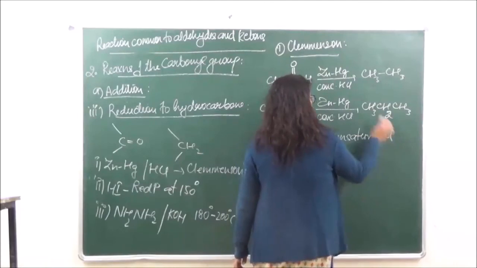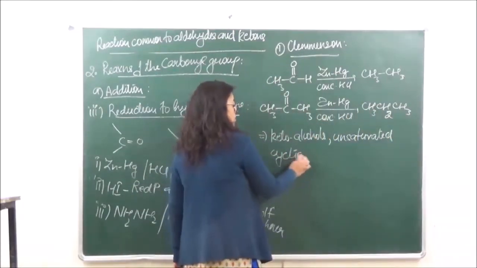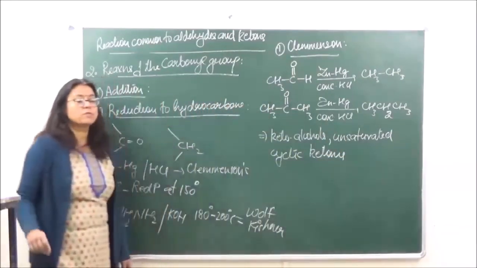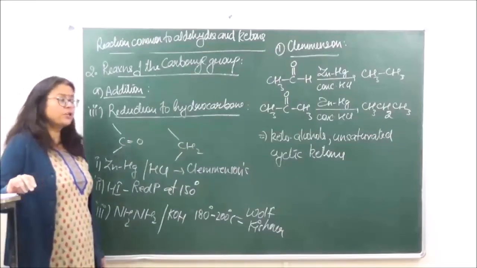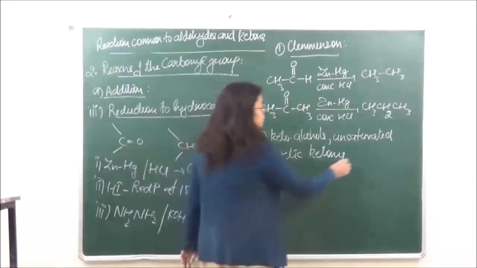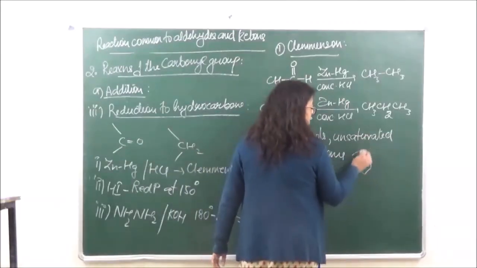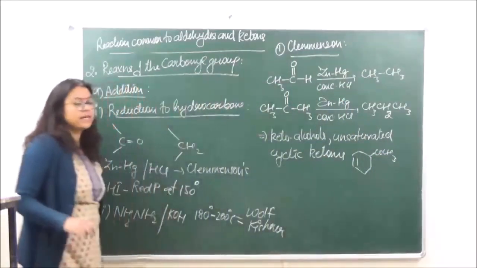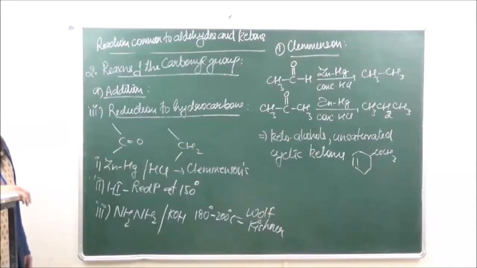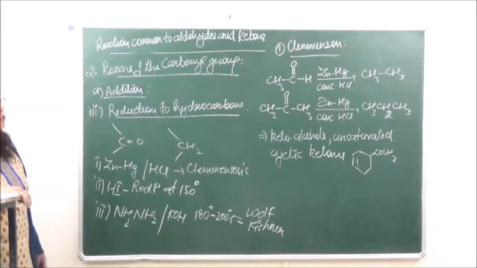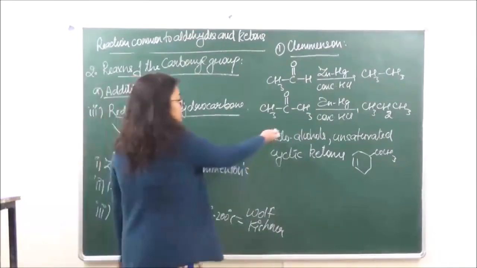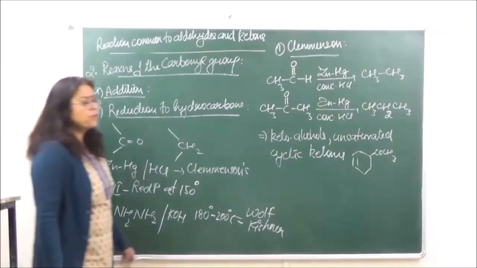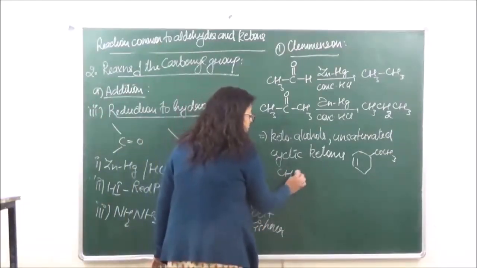Unsaturated cyclic ketones means that we are having a cyclic compound with a ketone and which has a double bond present in it. For example, if we are having a compound like this. So, Clemmensen reduction is not even applicable to such kind of compounds. And it is not applicable to alpha hydroxy ketones. They are same keto alcohols only. Alpha hydroxy ketones means that the OH group that is going to be attached at the carbon atom, at the alpha carbon atom.